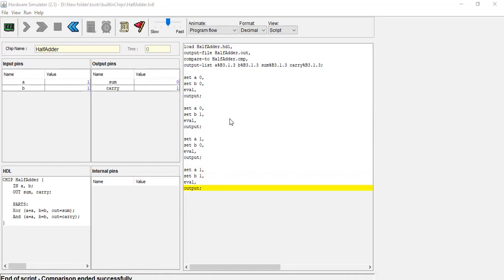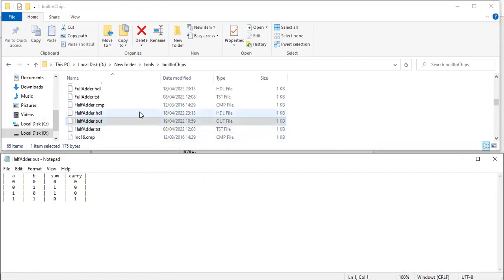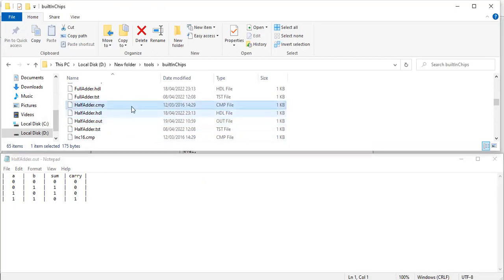After that, an output file appears here, which should look exactly like the compare file if it is successful.